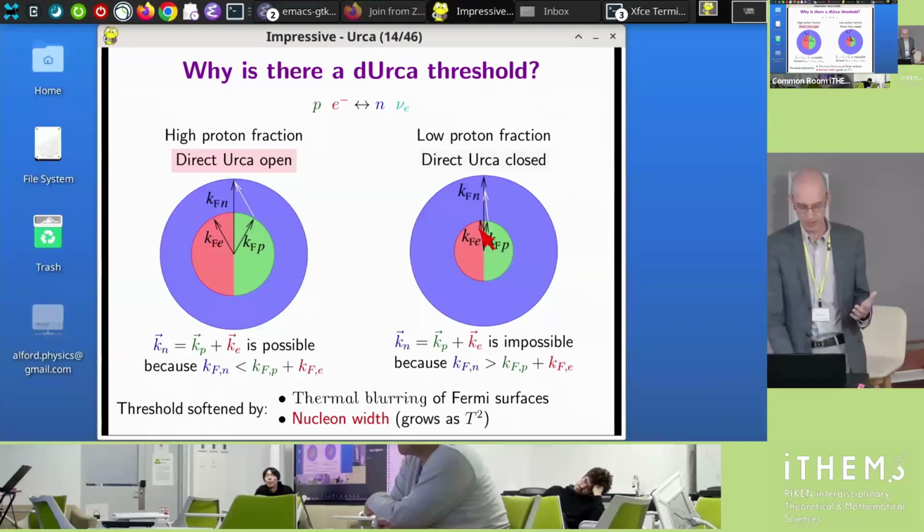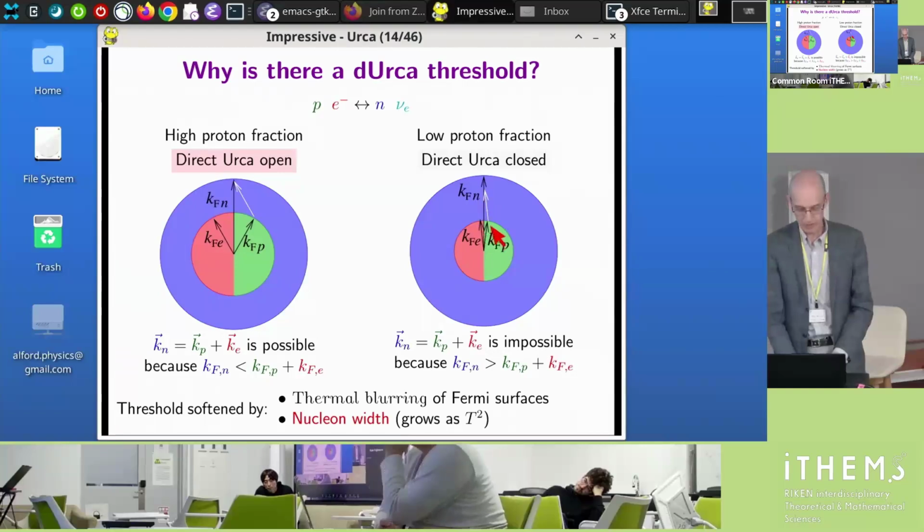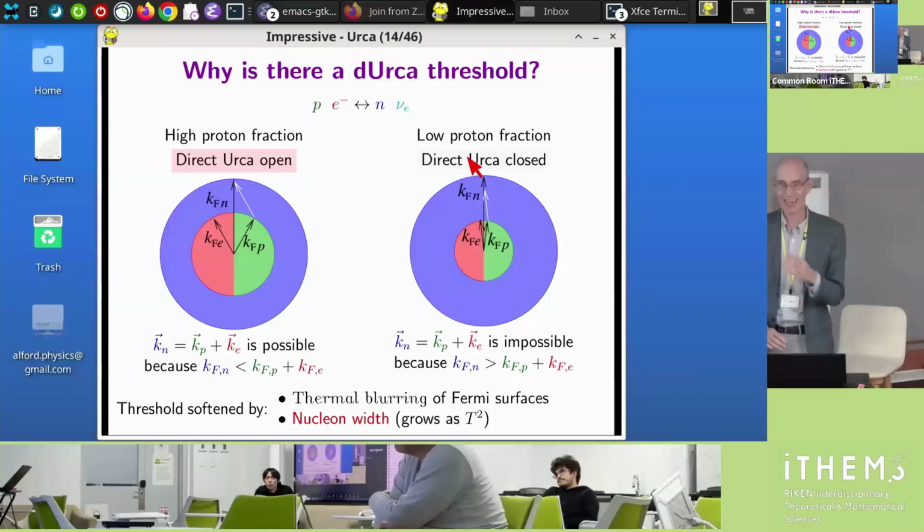Even if you line them up as much as you can, so there's no cancellation, the momentum of an electron on its Fermi surface combined with the momentum of a proton on its Fermi surface is not enough to make a neutron on its Fermi surface. It's only enough to make this amount here, which is an already occupied state. You can't put a neutron there. And anyway, we don't have enough energy because the energies don't add up. So if the proton fraction is low, that's when that killing off of direct Urca happens.